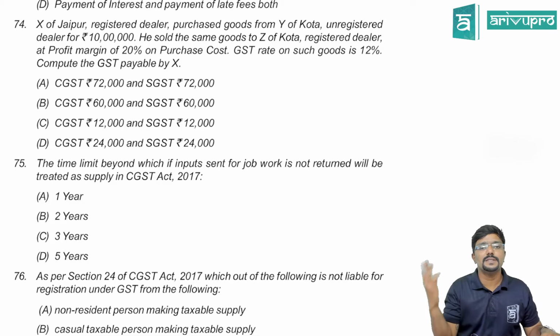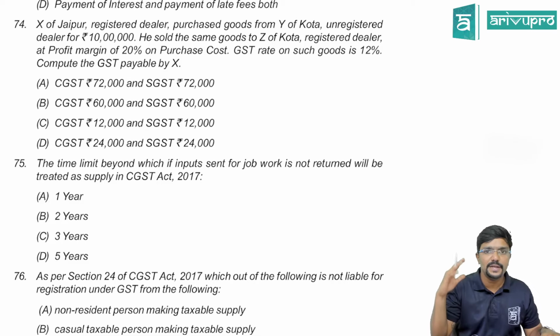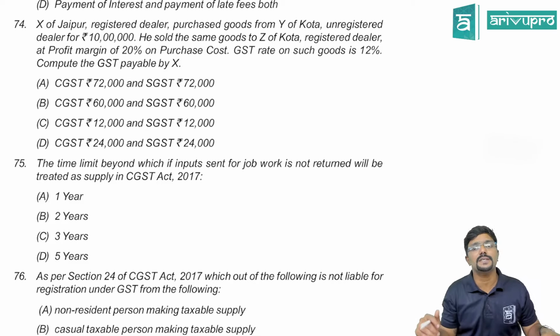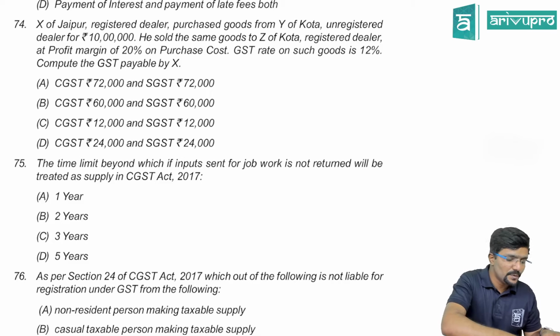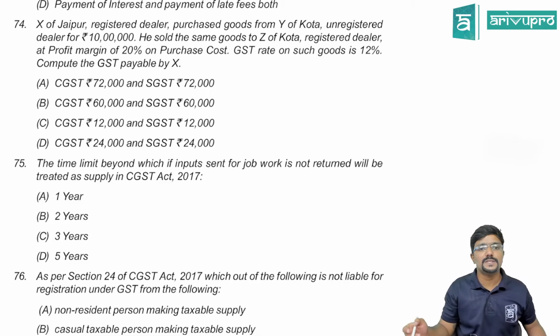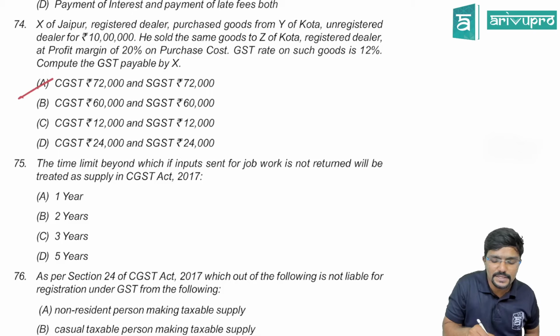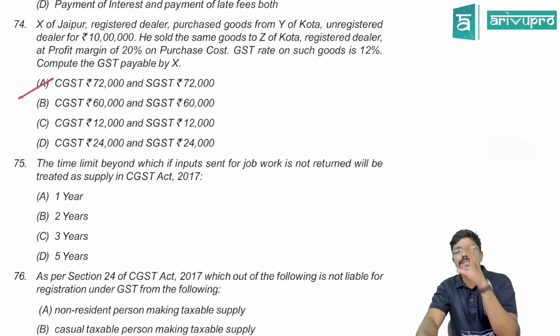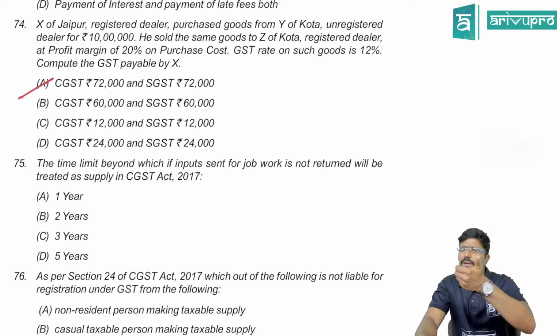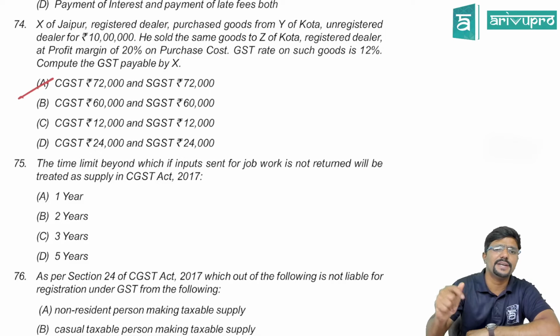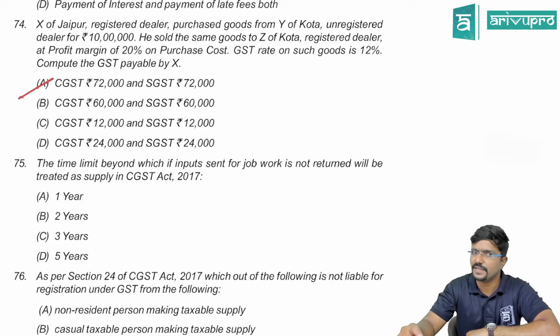So it is within the state. So it will be 6% CGST, 6% SGST. So it will be 72,000 CGST, 72,000 SGST. As he has not paid any tax on his inward supply, he will not be claiming credit. So entire amount he has to pay as GST. GST payable by X would be 6% CGST, 6% SGST on 12 lakh, which is his value of supply.